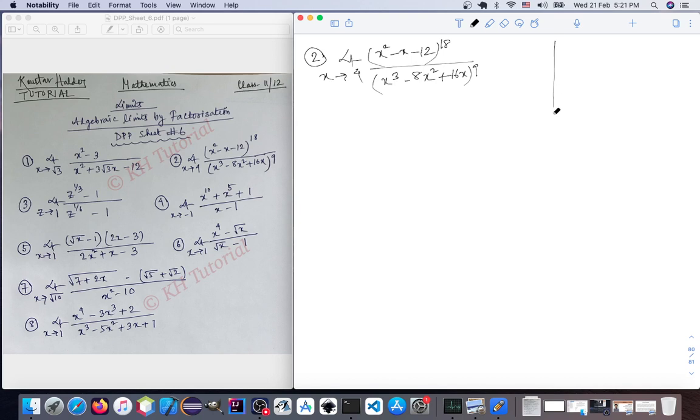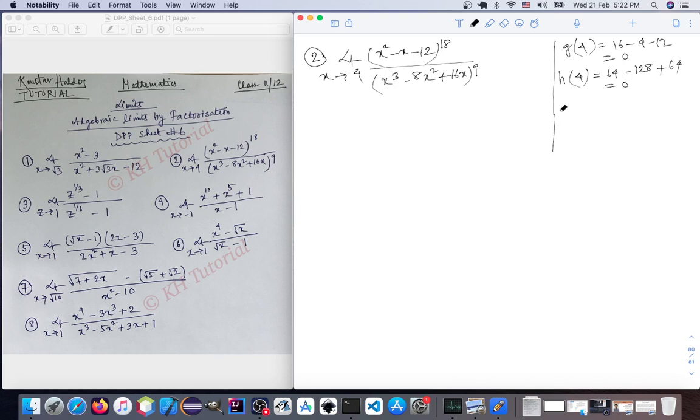So clearly we can see g(4) is 16 minus 4 minus 12. This is 0. Also h(4) is 64 minus 128 plus 64. This is also 0.